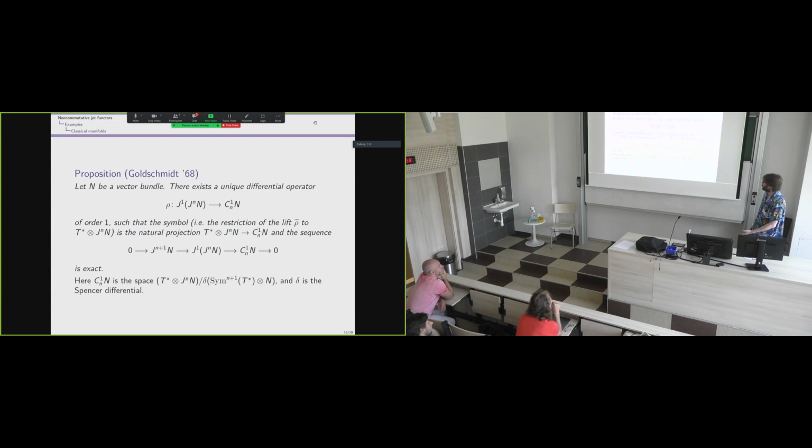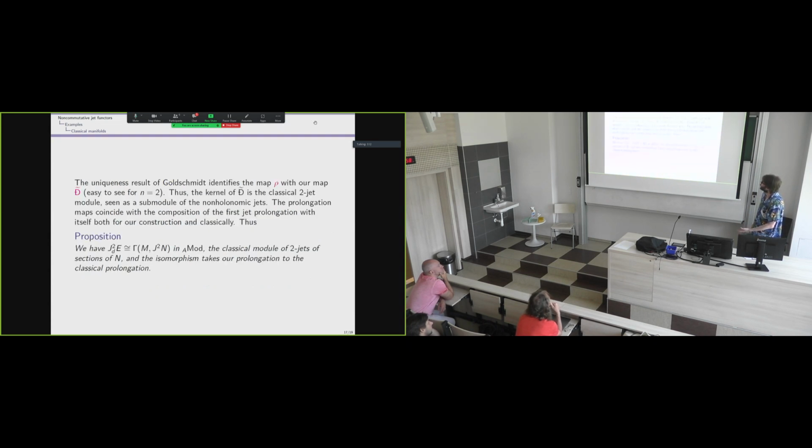That's very helpful for us because this uniqueness result makes it easy to identify Goldschmidt's operator ρ from the 60s with our operator ev tilde. And thus their kernels coincide, and so we immediately get that the two jets coincide.